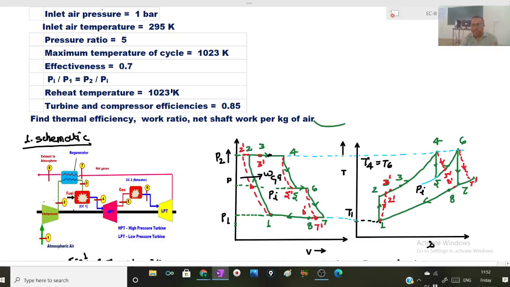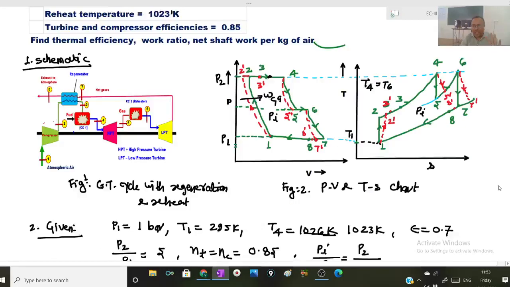Do I need to really calculate this T7 dash? No. T7 dash will be equal to T5 dash. Once again I have explained. T4 is 1023 Kelvin, T6 is 1023 Kelvin. P2 by Pi is equal to Pi by P1. P2 by Pi is the pressure ratio during process 4 to 5. Pi by P1 is the pressure ratio during 6 to 7.